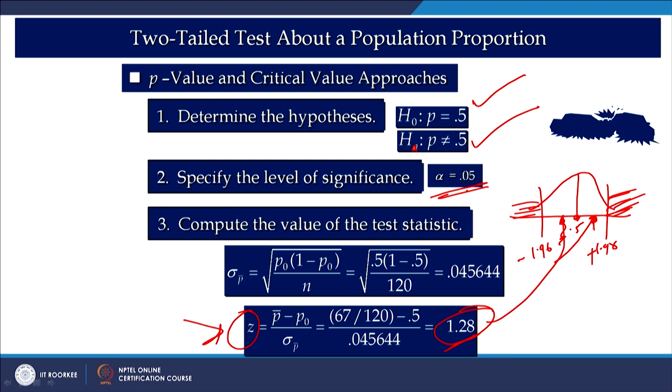Since the calculated Z value does not fall in the critical range, we will not reject the null hypothesis, and we will say that 50% of accidents would be by drunk driving. So, this is how you can solve a question like this.